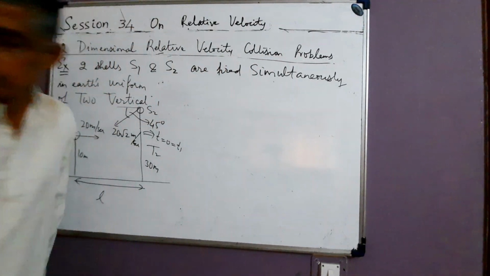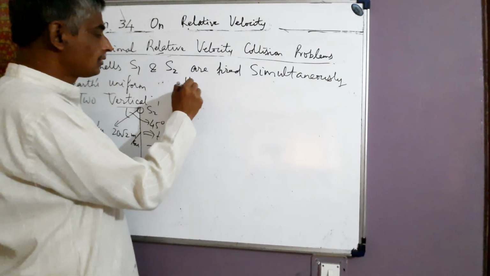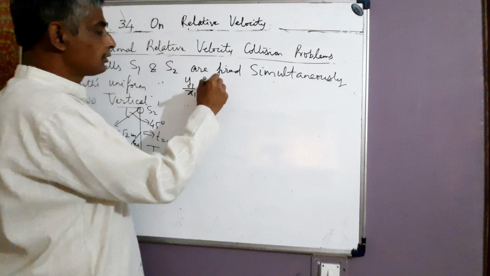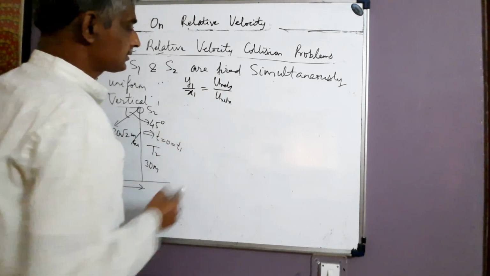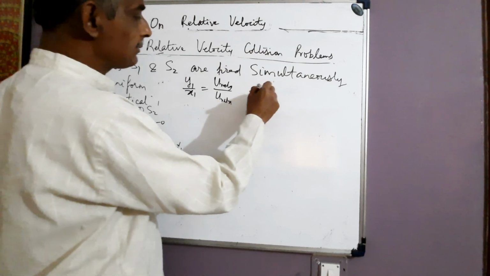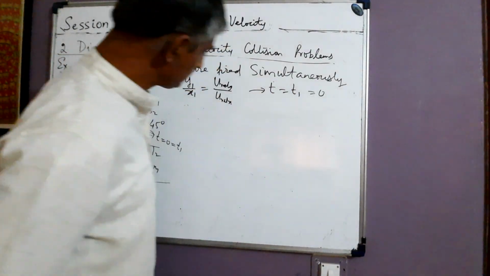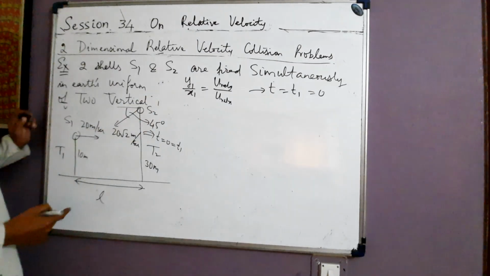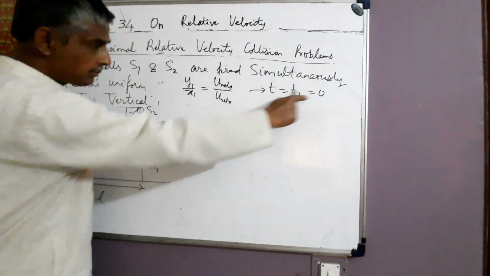So now we apply that formula which we have derived just now. y1 by x1 equal to u relative y by u relative x. All these quantities are at t equal to t1, that is at the start of this time interval, in this case at just time 0. So what is y1? Vertical separation between these two shells at time t equal to t1 equal to 0.